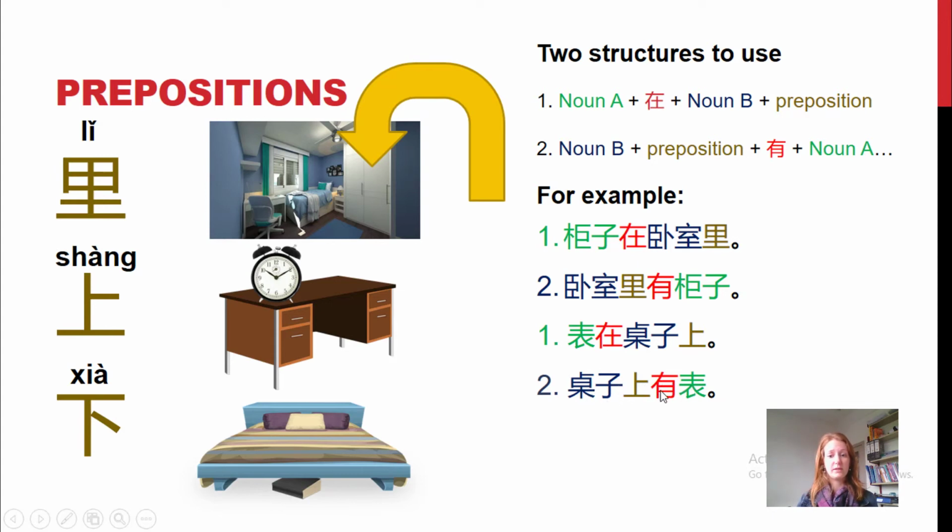On the table, there is a clock. Now using 下, 书在床下. The 书 is under the bed. Using the second structure, we can say 床下有书. Under the bed, there is a book.